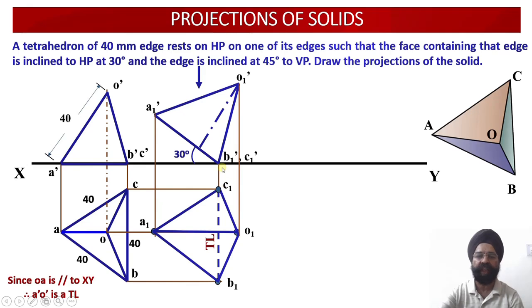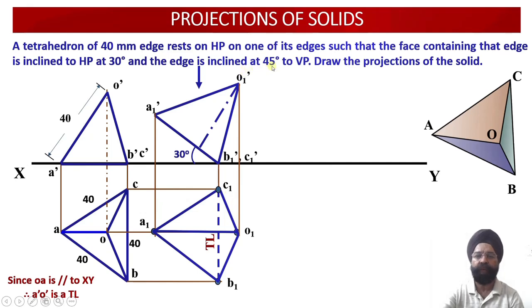So now in the next stage it is provided to us that the edge on which this tetrahedron rests on the horizontal plane, that is B1 dash C1 dash, is further inclined with respect to the vertical plane at an angle of 45 degree. So we have to now rotate or translate this plan projection at an angle of 45 such that this edge B1C1, which happens to be true length, will be inclined with respect to VP at an angle of 45 degree.